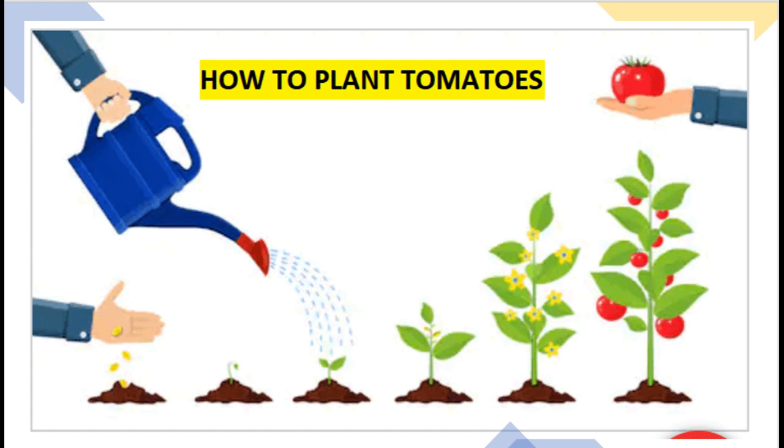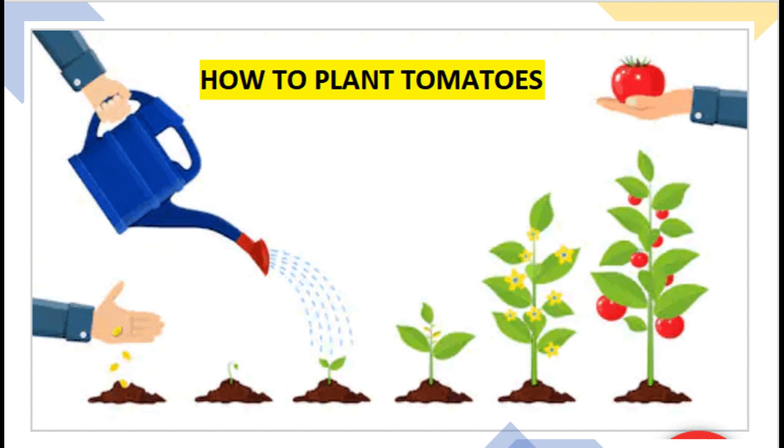After that, we see another hand watering the seeds. After that, we can see the seeds turn into a shoot. And after it turns into a shoot, it is going to be a leaf, right?